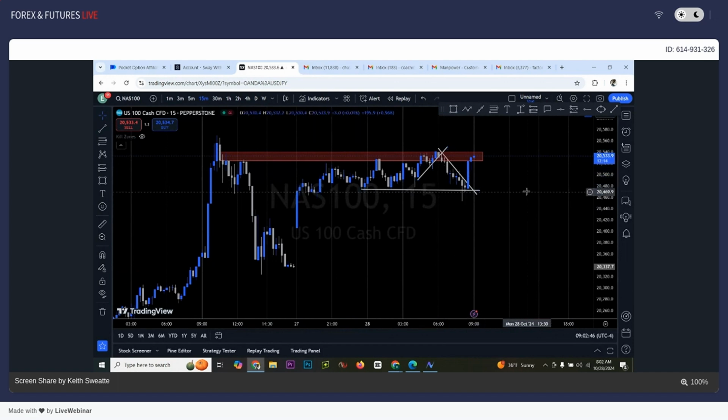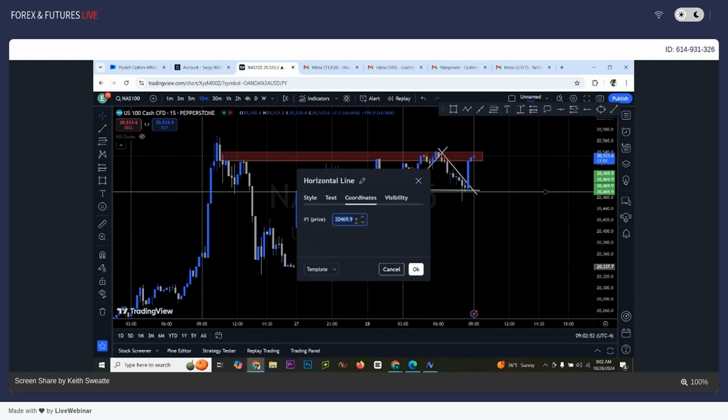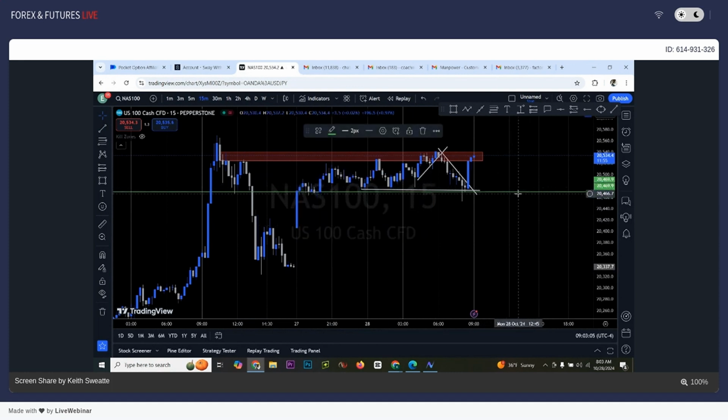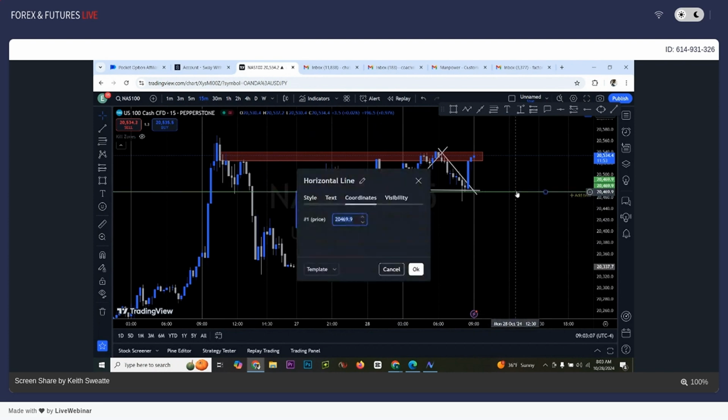Now inside of Nas100, 1, 2, 3, 4, we have levels. So if we're in 20,000 right now, 20,000 even is a key level. If we were at the 21,000 area, then we use 21,000. Our next one is 20,200.